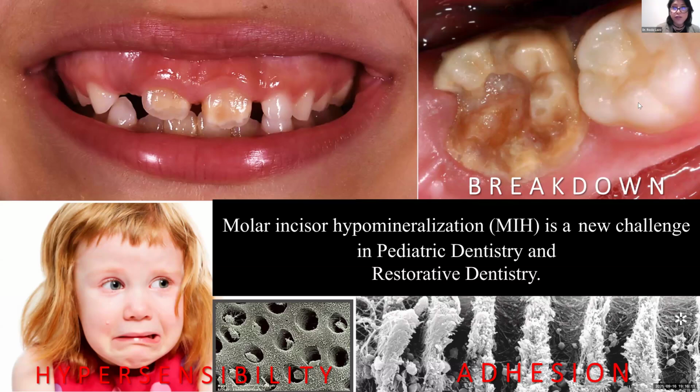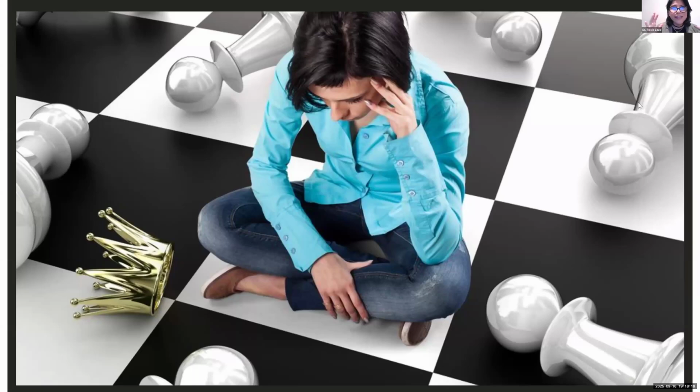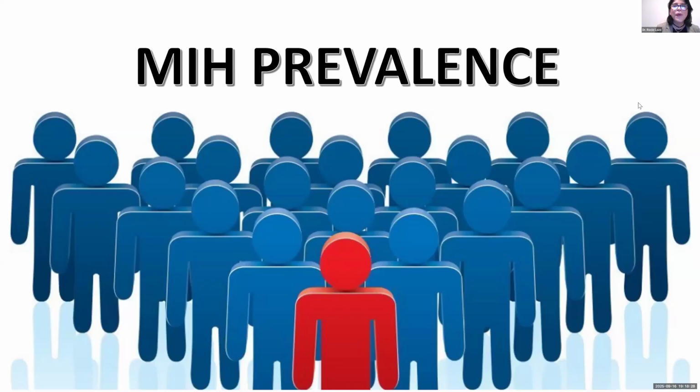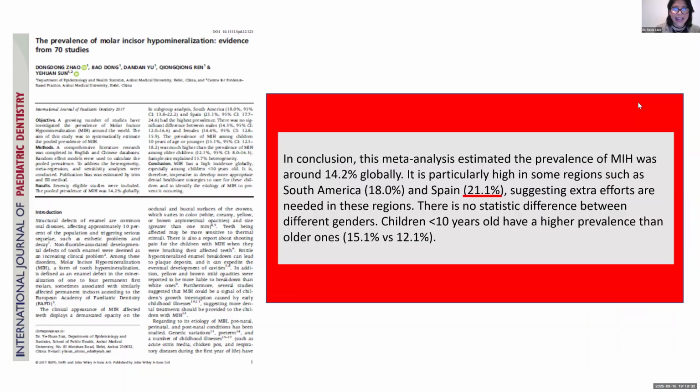If we want to do any restorative, for example with resin, the adhesive is the worst. So in this case, if we take the decision to use minimally invasive dentistry, it's not going to work. And today you have more and more cases of MIH.